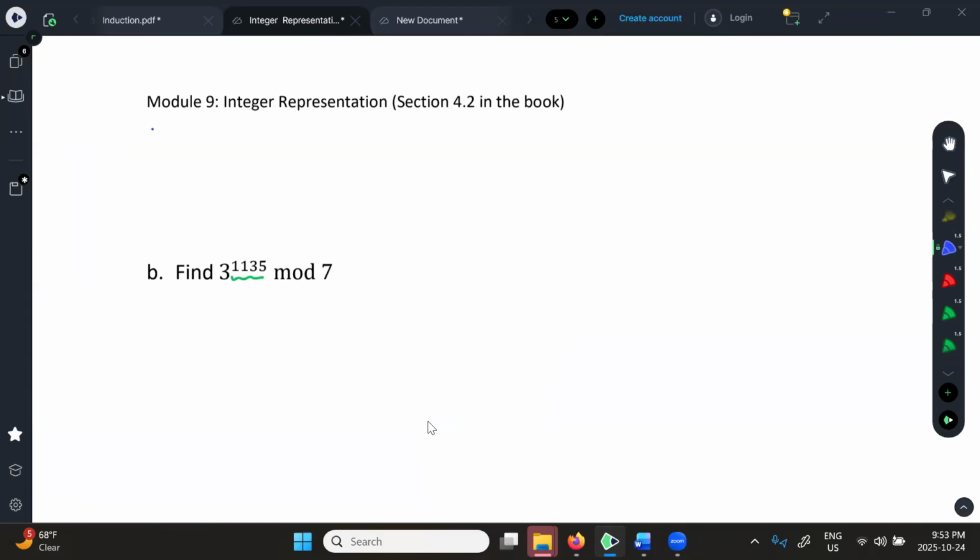You have to convert this 1135 into binary, okay? Either do that, that's faster, or figure out powers of 2 that you can use. So the highest power I can use is 1024. Then if I add 64, then if I add 32, then if I add 8, if I add 4, if I add 2, if I add 1.